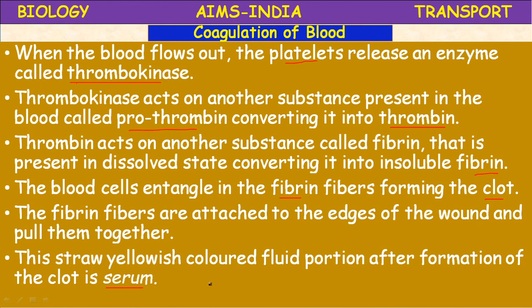This vitamin is naturally synthesized in the body to some extent, or else it must be supplemented. That's the reason why you might have observed that before a surgery, the patient is given a vitamin K injection to prevent profuse blood loss.